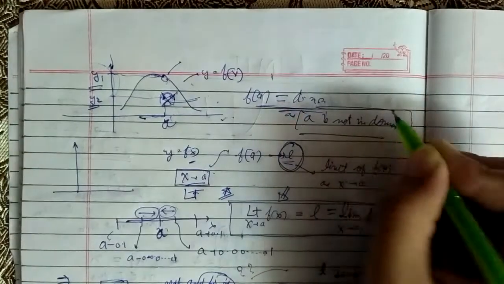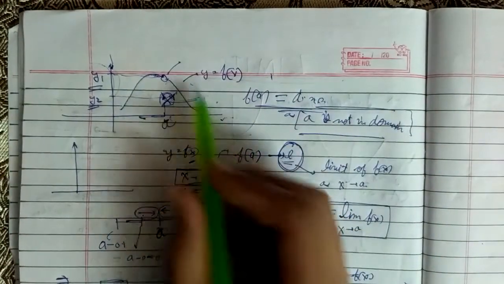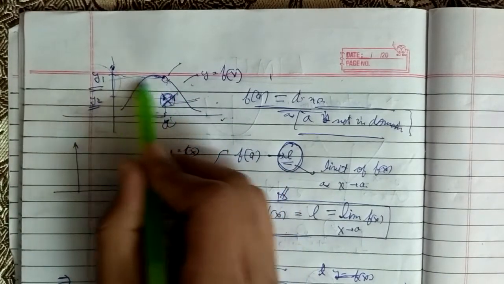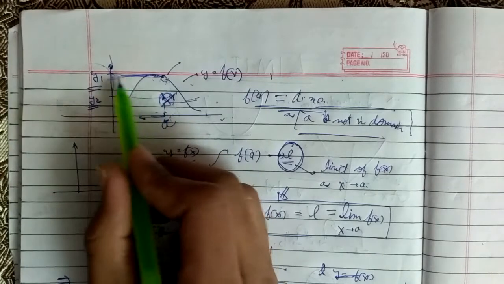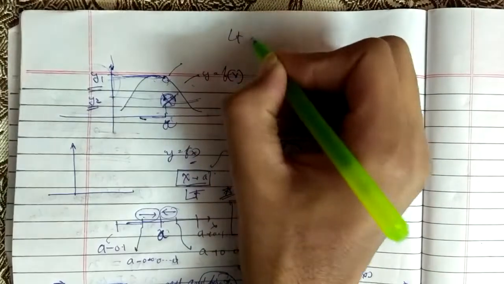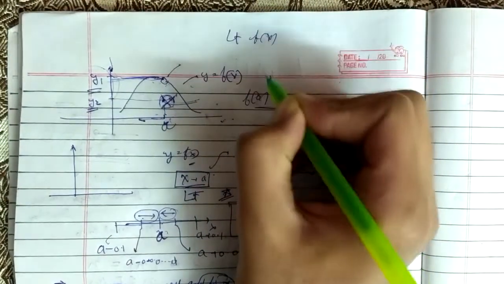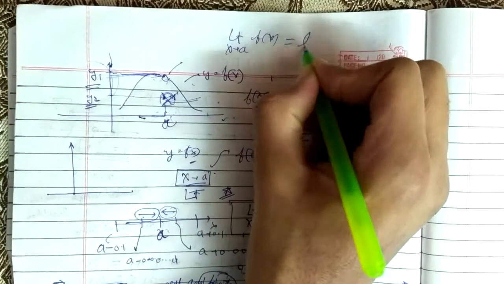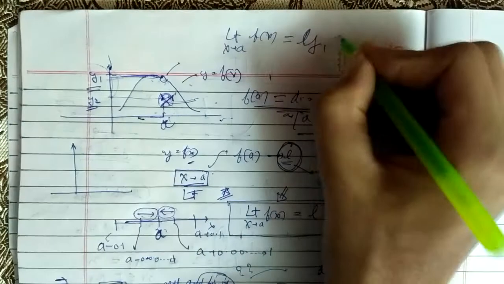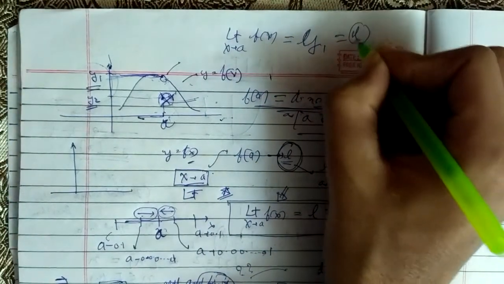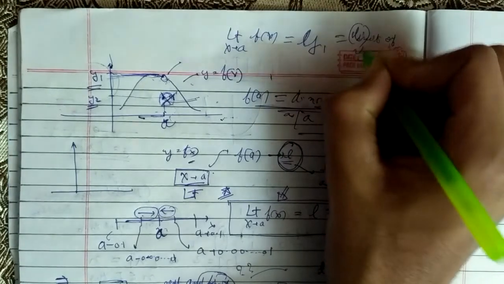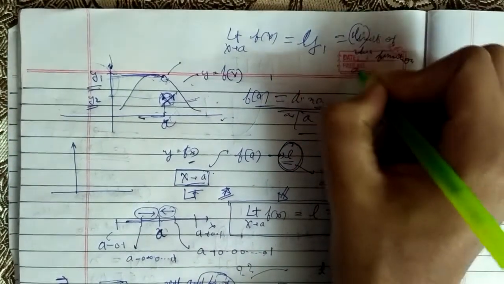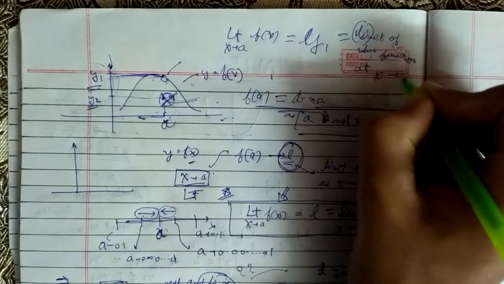Okay. But in the neighborhood of a, there exist values y1. So we will say that the limit of the function f of x, as x tends to a, is equal to y1. That is the limit of this function at x equal to a.